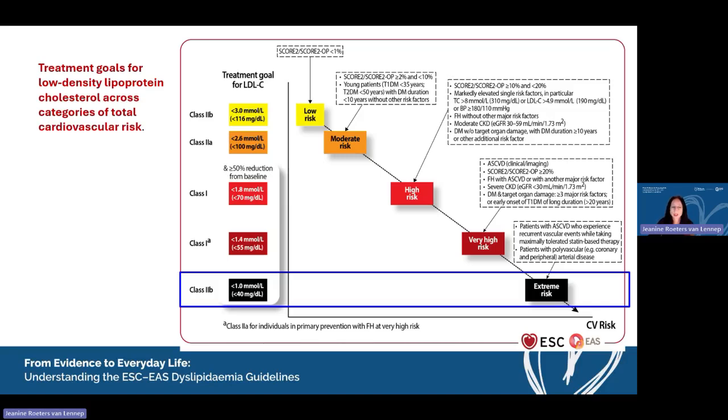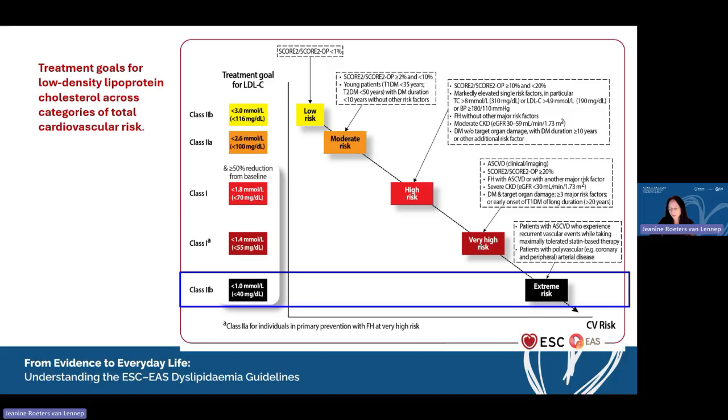So in the new update, they did not change the treatment goals. However, there is a new class, and that's the extreme class, and that is people who had ASCVD, so cardiovascular disease events, which are recurrent despite maximally tolerated statin-based therapy, and those patients who have atherosclerosis in different vessel beds.